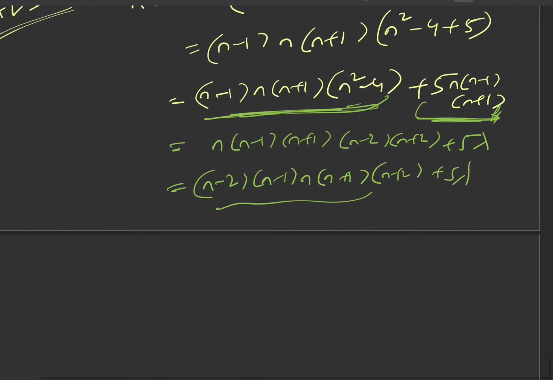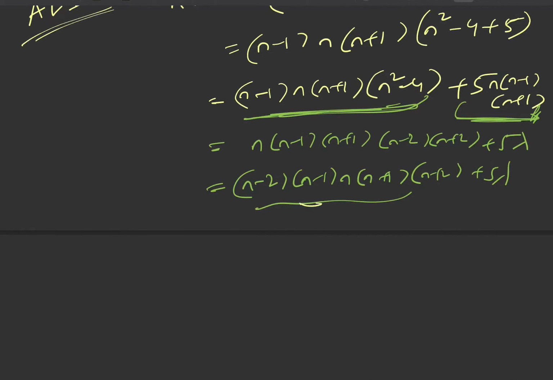Also you can say that 5 consecutive integers' product is divisible by 5 factorial. So this is 5 factorial into k plus 5 lambda, and 5 factorial into k is nothing but a multiple of 5 only. So this is 5l plus 5 lambda.